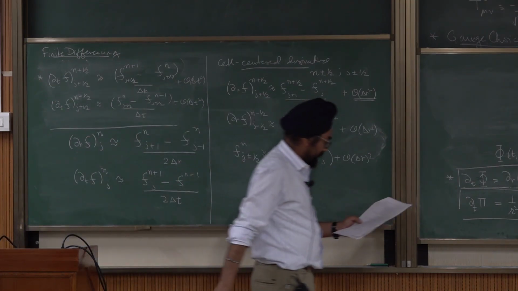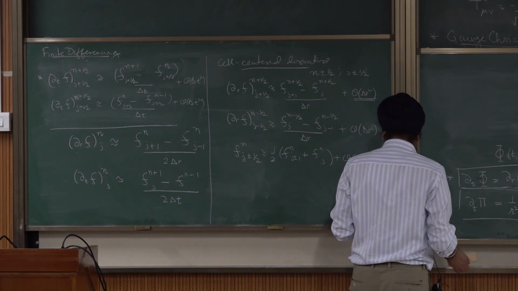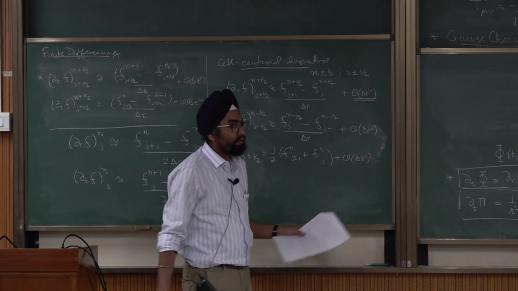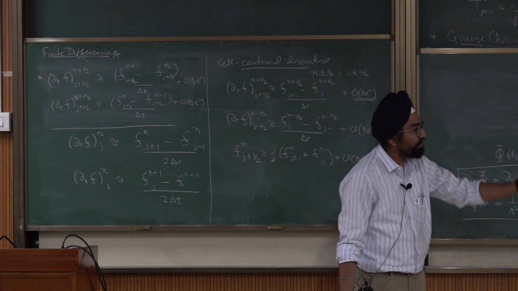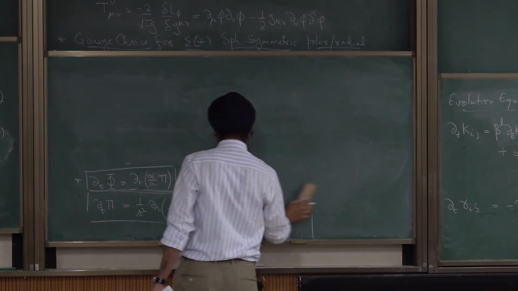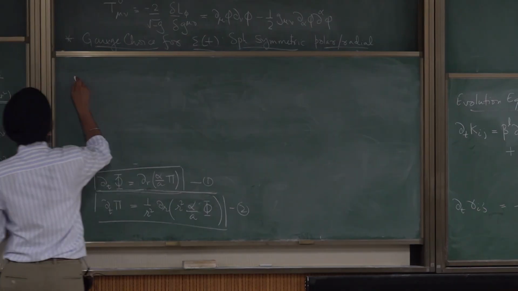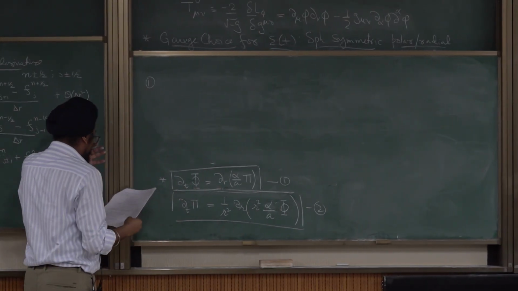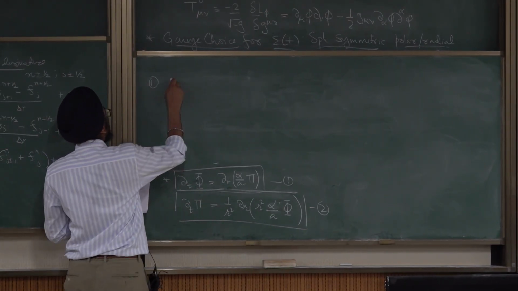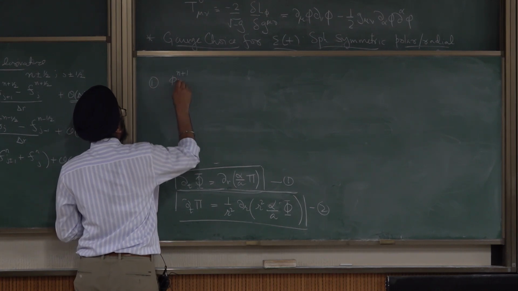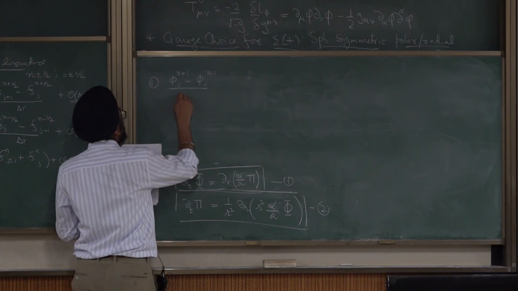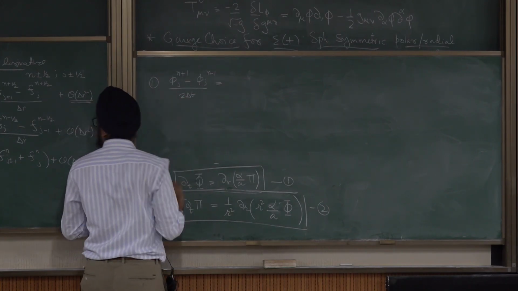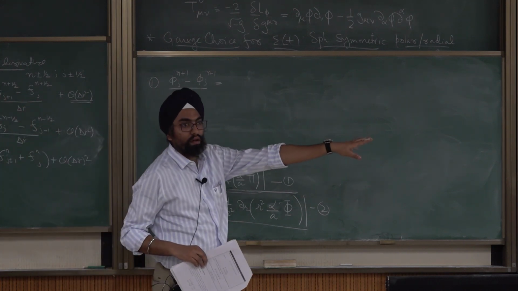We'll be stopping soon. Okay. With these definitions, all you need to do is discretize all these four equations. So you have 1, 2, 3, and 4. Let us see what they become. This one is just again a derivative with respect to time, so this is just phi n plus 1 j minus phi n minus 1 by 2 delta t. This n plus half and all we will use for the elliptic equations.